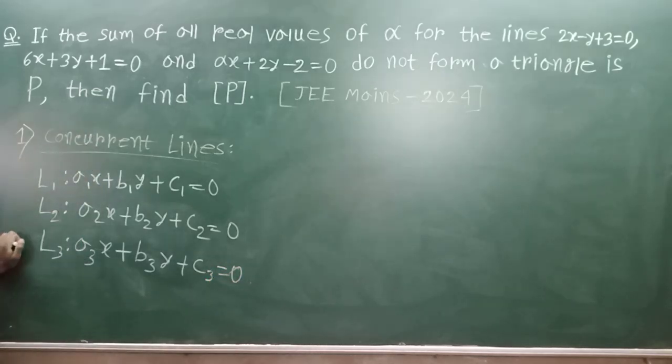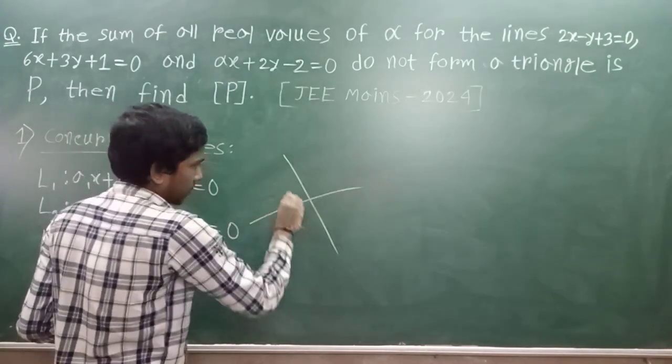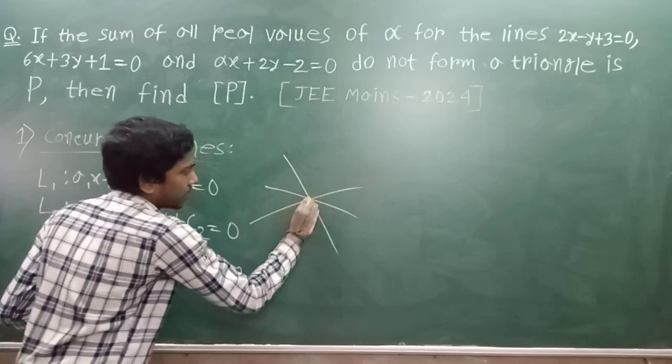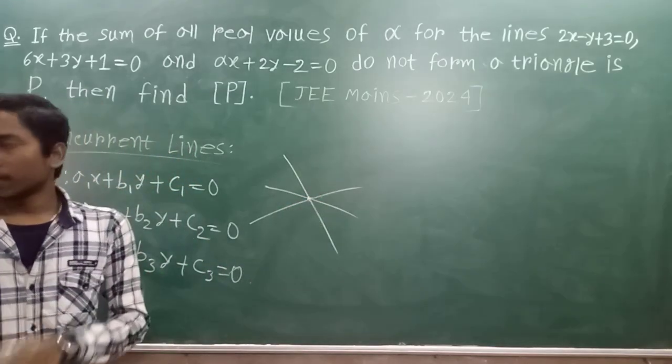These are three straight lines. Now these lines will be concurrent. Concurrent means these lines will pass through one point if the determinant of their coefficients is equal to 0.